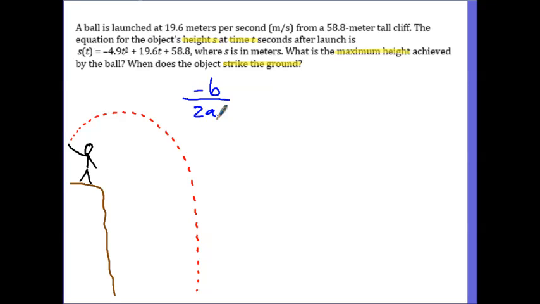So let's plug in the numbers. Negative 19.6 over 2 times negative 4.9, which is, well, I'll write it down here first before we do the math. But if you look at that, negative 19.6 over negative 9.8, we get positive 2.